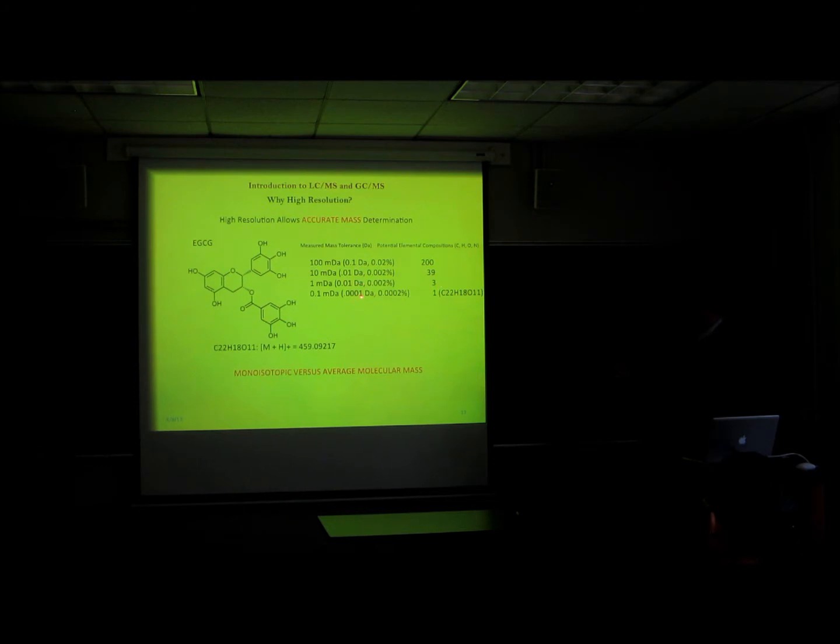And if you can measure this out to a fourth decimal place, which a well-calibrated time-of-flight instrument can do, and FTICR definitely can do, now you do a database search on 459.0922, and there's only one possible elemental composition containing those 4 elements. It gives that, and it's that compound. So when you're doing searches on unknowns using these types of mass spec, that's what high resolution and high mass accuracy buys you.